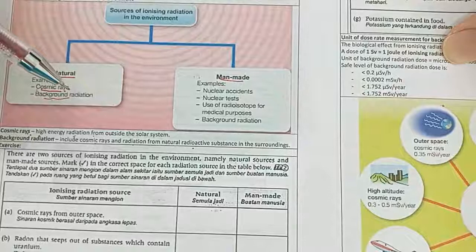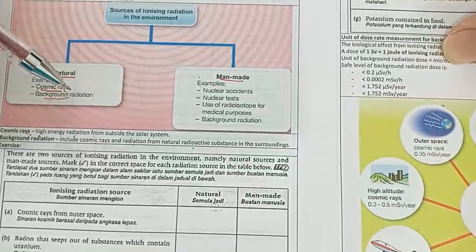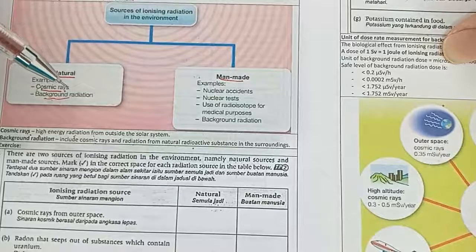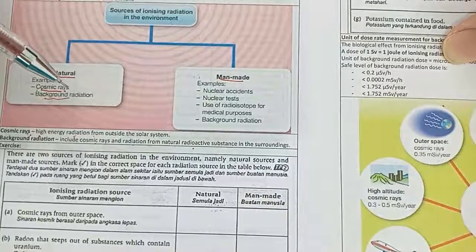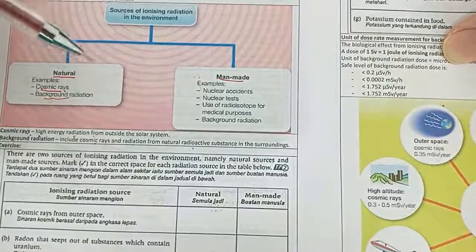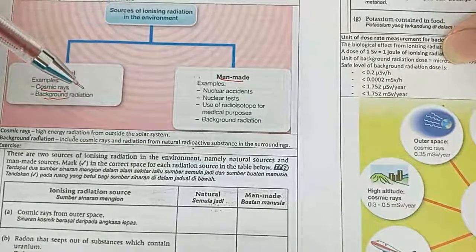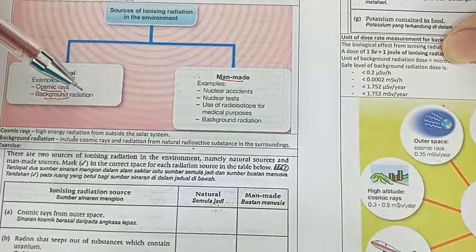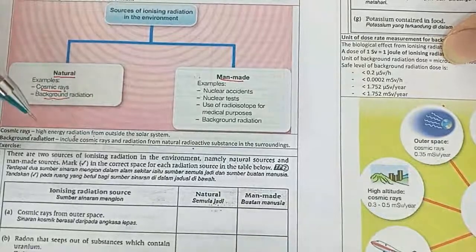So this unstable nucleus will slowly decay, undergo radioactive decay, and release radiation to become more stable nucleus. Okay, so the radiation that is emitted from our surroundings, we call this background radiation.